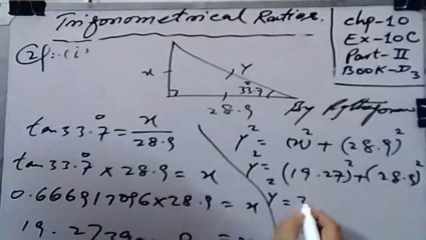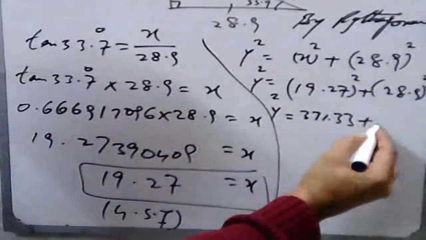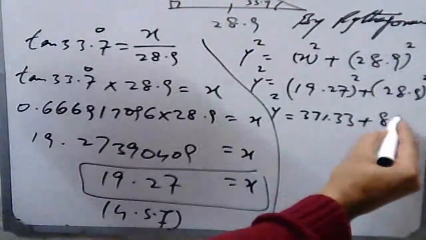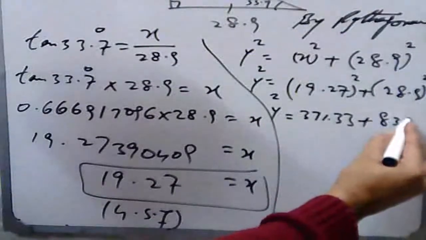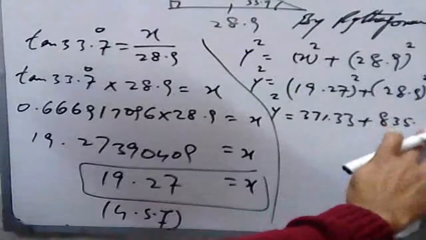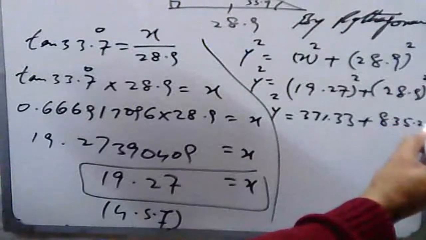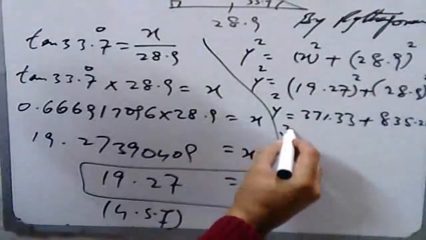After removing the square, you will get 371.33 plus 28.9 square, that is 835.21.